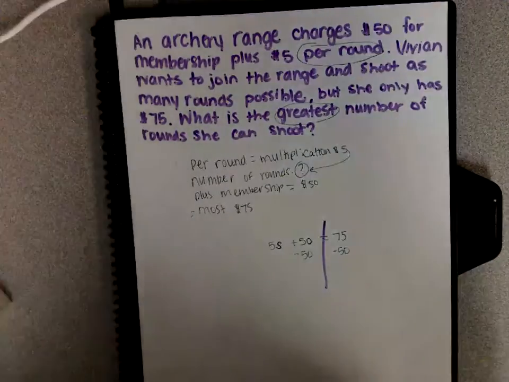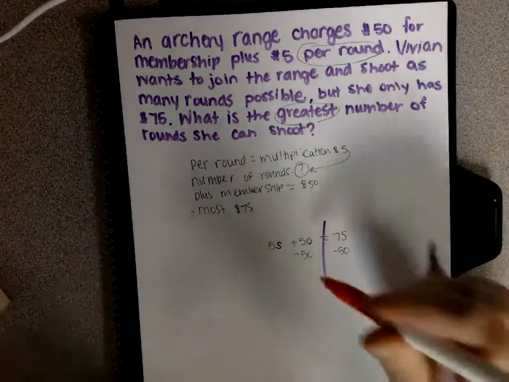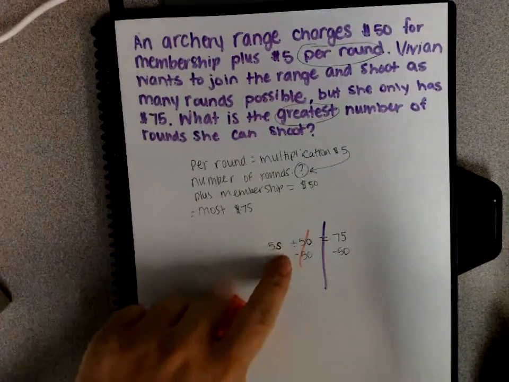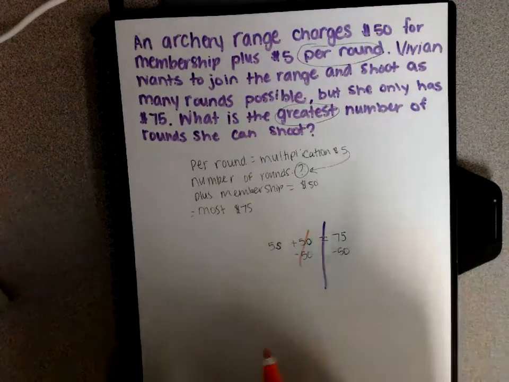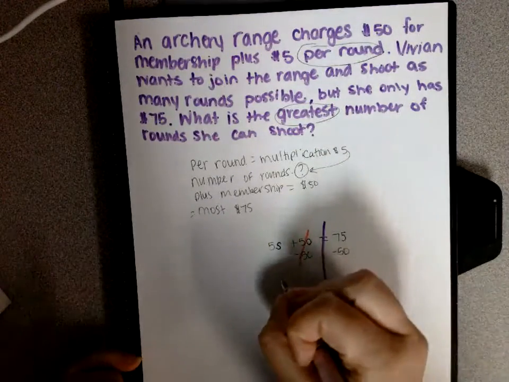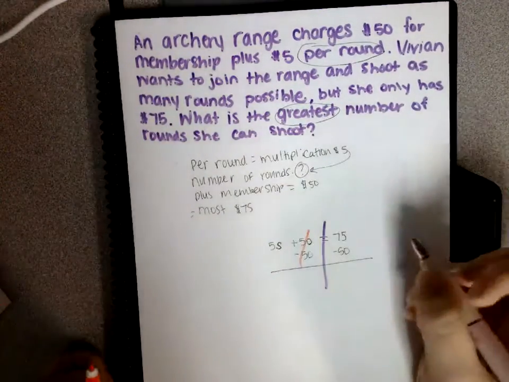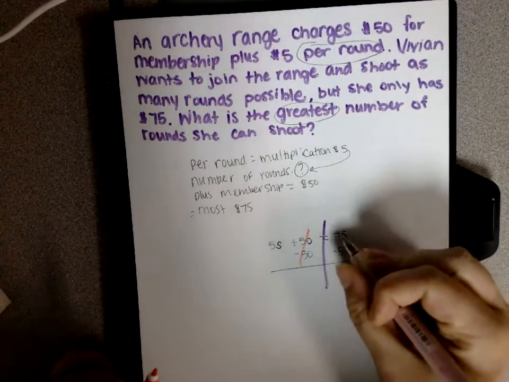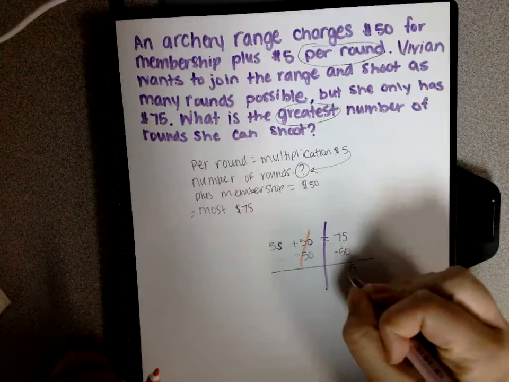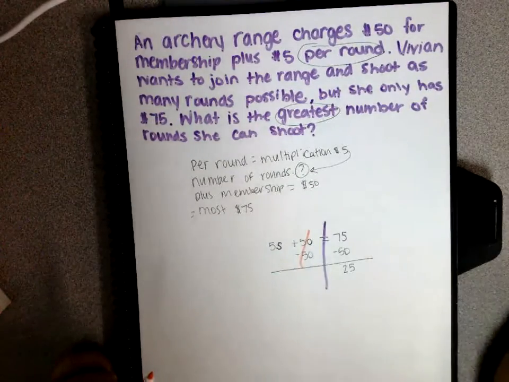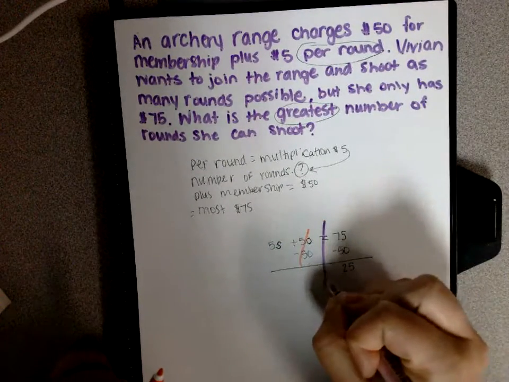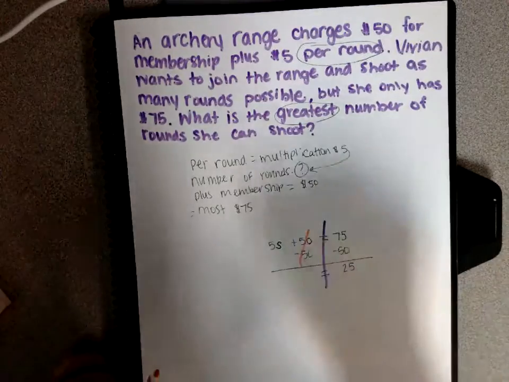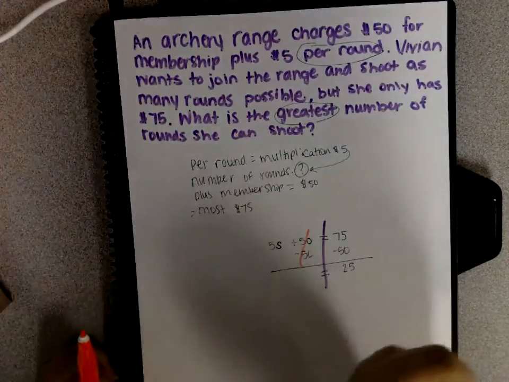So I'm going to cancel out my 50 by subtracting that from this side. But I know I can subtract it from this side as well. Now, 75 minus 50, 5, 7 minus 5 is 2. I'm left with 25 over here.